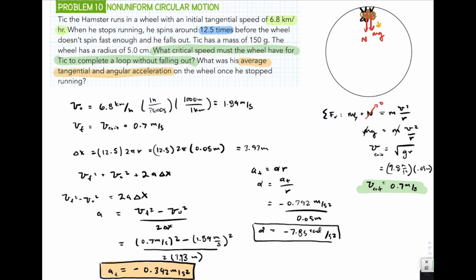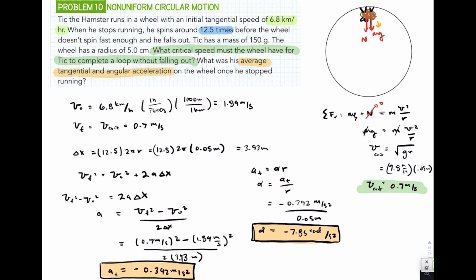And why are these negative? I mean, they're negative because we're just assuming the speed is positive, right? And since it's slowing down, it has to be the opposite sign. All right, any questions about this?